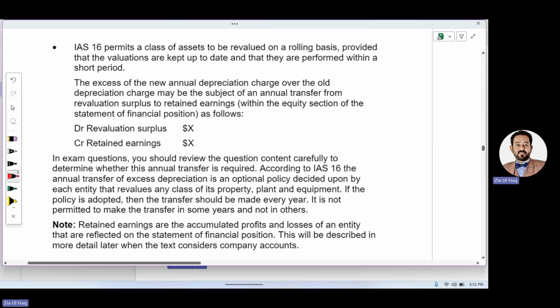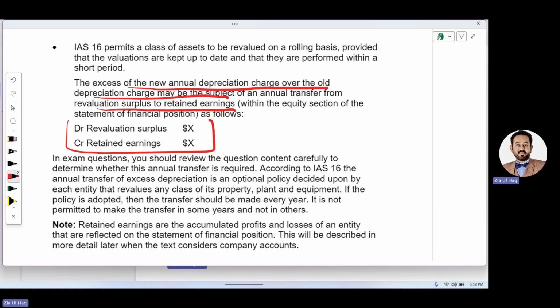So for extra depreciation, the excess of the new annual depreciation charge over the old depreciation charge, like 20,000, may be the subject of an annual transfer from revaluation surplus to retained earnings. For this, we need to record the accounting entry: debit revaluation surplus and credit retained earnings.